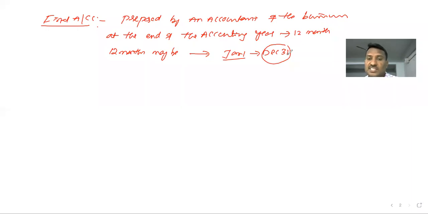These businessmen prepare the final accounts on December 31st. Another accounting year is also followed by businessmen: some start the accounting process from April 1st and close it on March 31st.